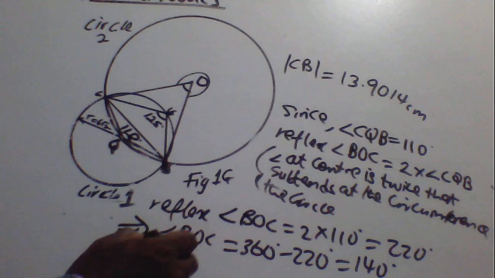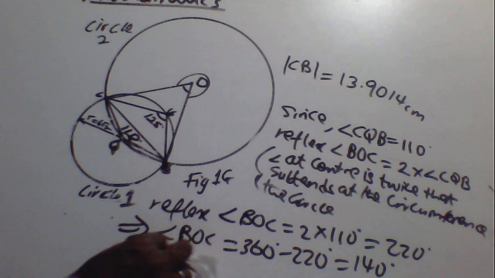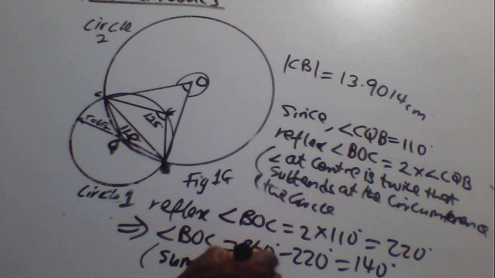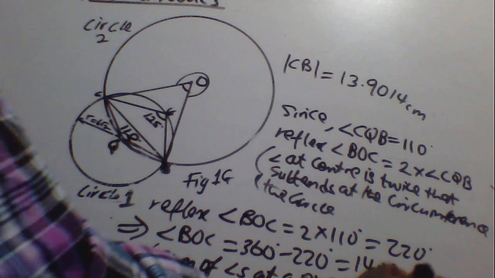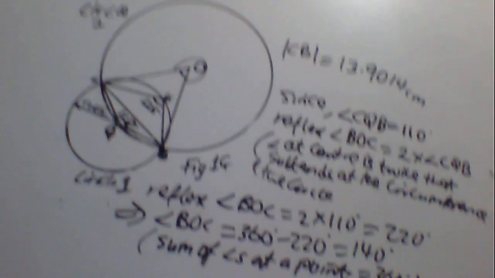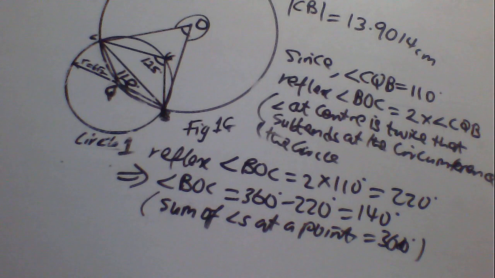So for the same reason, the sum of angles at a point equals 360 degrees. So we proceed.